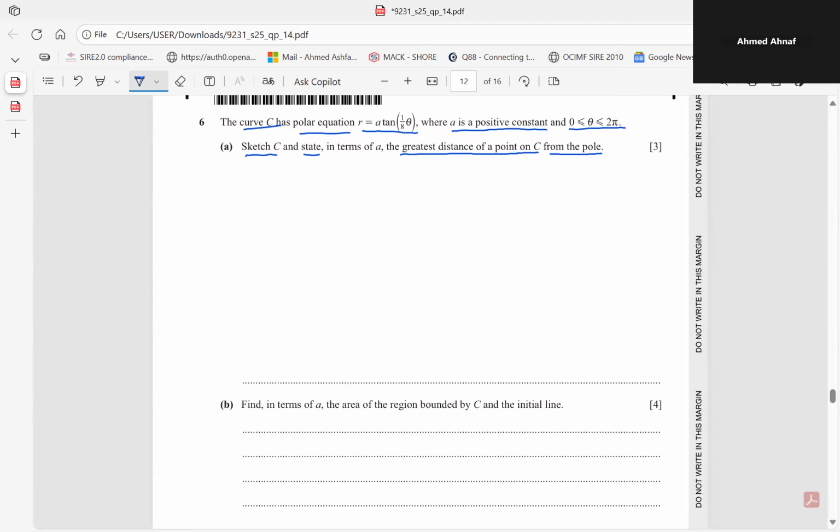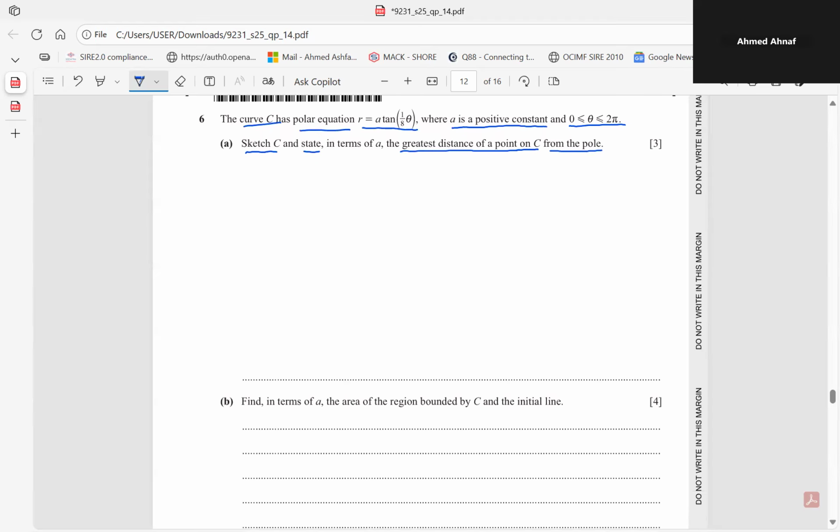Okay, so in order to sketch a polar curve, you first have to draw the initial line, which is almost like the x-axis when we're drawing normal Cartesian curves. So the initial line has the equation θ equals 0. And the beginning of the initial line is called the pole.